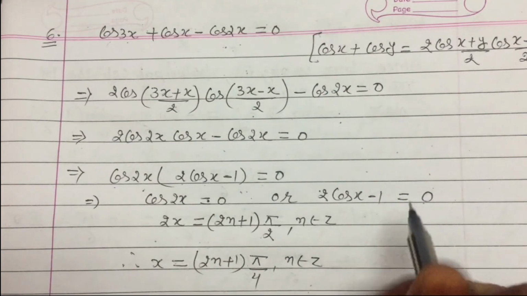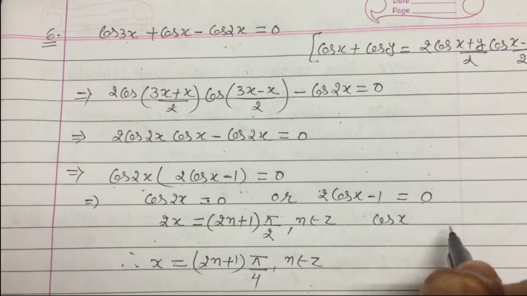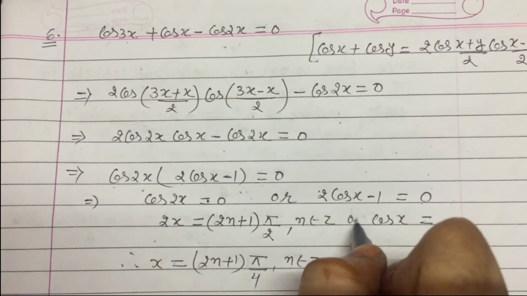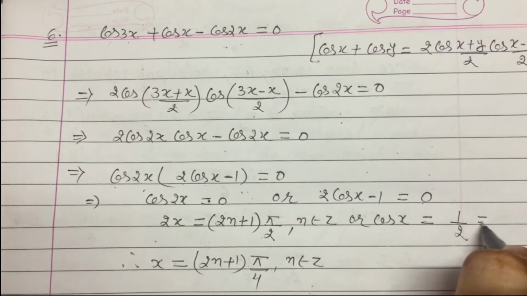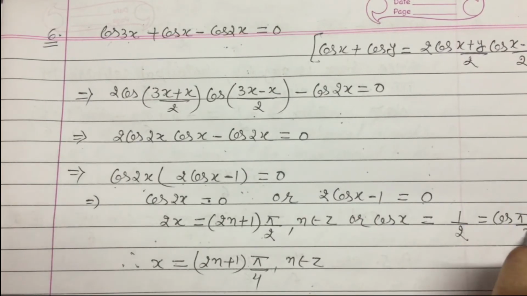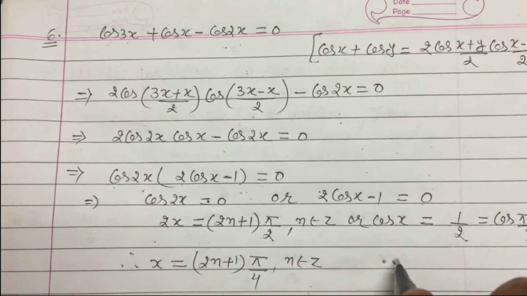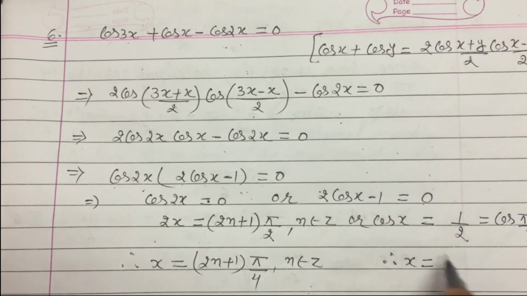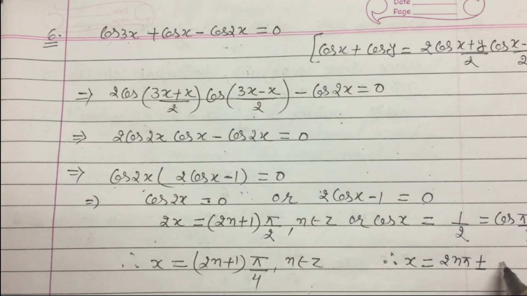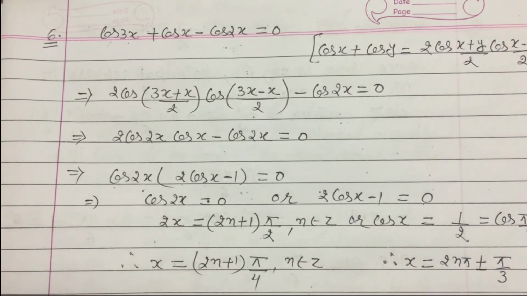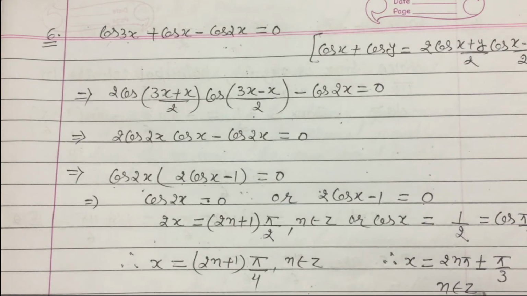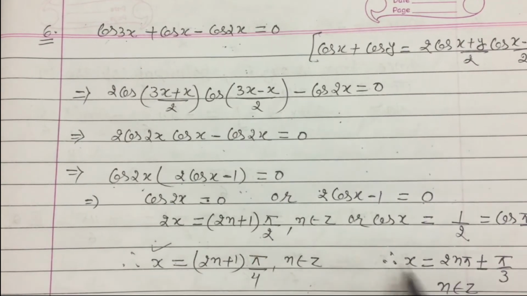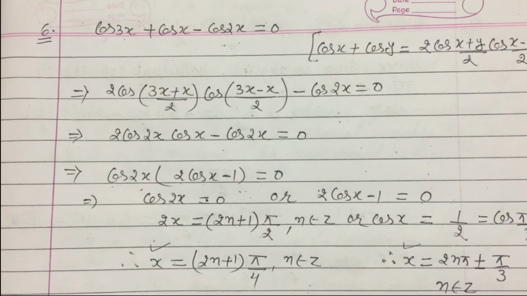And from this factor you will get cos x is equal to 1 by 2, and it is cos pi by 3. So x is equal to 2n pi plus minus pi by 3, for n belongs to z. So two values, first and second.